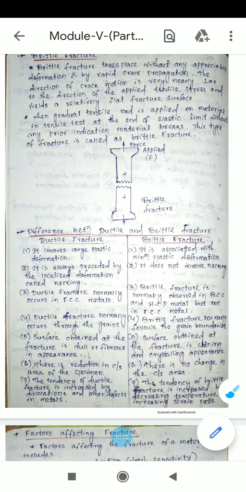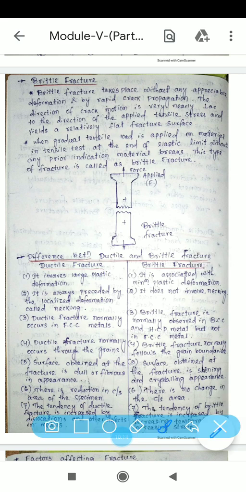Then second one is your brittle fracture. Brittle fracture means there will be no yield point. Brittle fracture takes place without any appreciable permanent deformation, by rapid crack propagation. The direction of crack motion is very nearly perpendicular to the direction of applied tensile stress and yields relatively flat fracture surfaces.